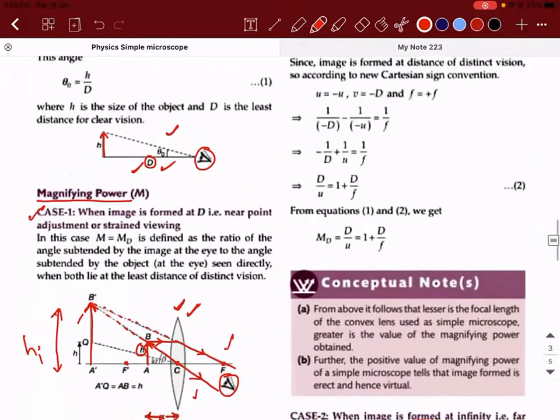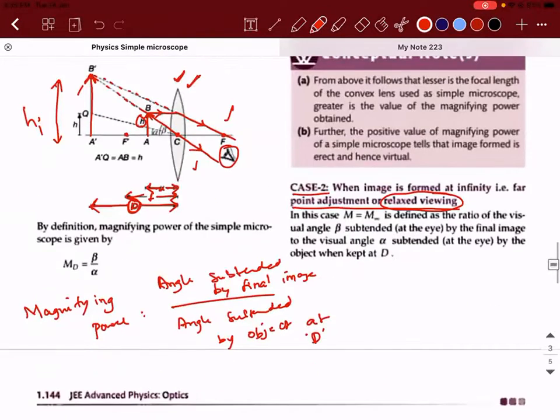Assuming things are clear, I need to explain about the angles. Listen to this carefully. This is where the confusion will start. Now, if I take this as the height of the object, draw a line along the principal axis, and from the top, draw a line towards the eye.